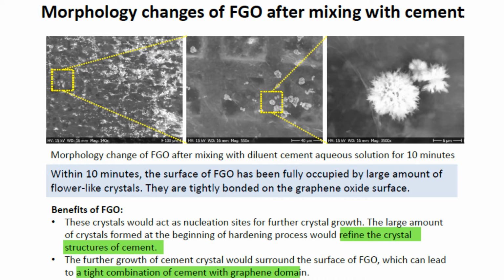Graphene oxide surfaces act as a potential site for the nucleation of this cement hydrate component crystal, and they keep on growing, and there's a good connection, and due to these good connections there's also densification, and that leads to the high mechanical property.